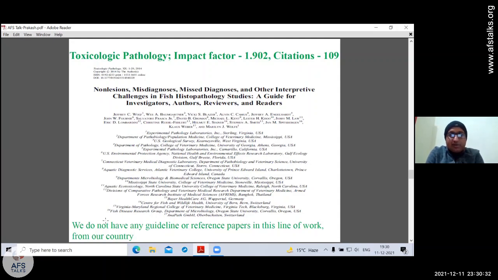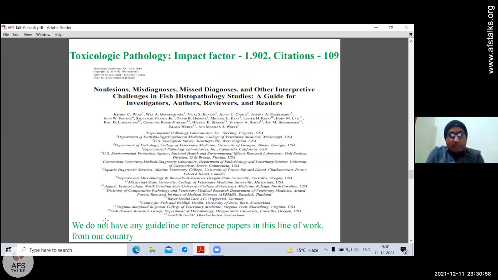This paper's impact factor is 1.9, not much, but the contribution and collaboration is so impressive. People from around the world collaborated and brought a very nice guideline paper, a reference paper, to understand and study histopathology in fishes.